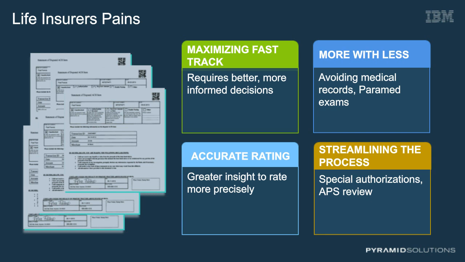So while we can fast track and aid in the fast tracking, there are going to be exceptions to those fast track applications. And we focus on developing an application that works more with the applications that need additional attention and a more detailed review. And we use Case Manager to streamline the entire process.